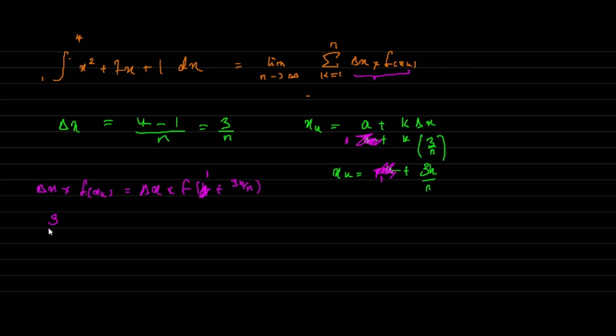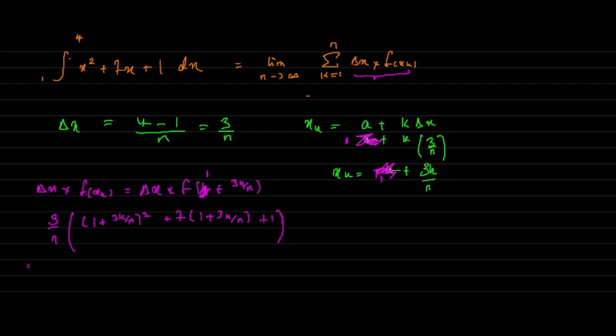And delta x is 3 over n. So now we're gonna expand this fully, and what you get is, in the place of x squared, 1 plus 3k over n squared, plus 7 times 1 plus 3k over n, plus 1.